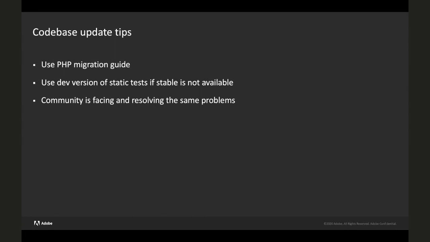There are brilliant examples and lots of useful information that can save time. For static tests, even if a stable release is not available, the development version of static tests can give you the information, right? You don't need to wait until the stable release. Still, its output needs to be evaluated, so it can help you a lot.